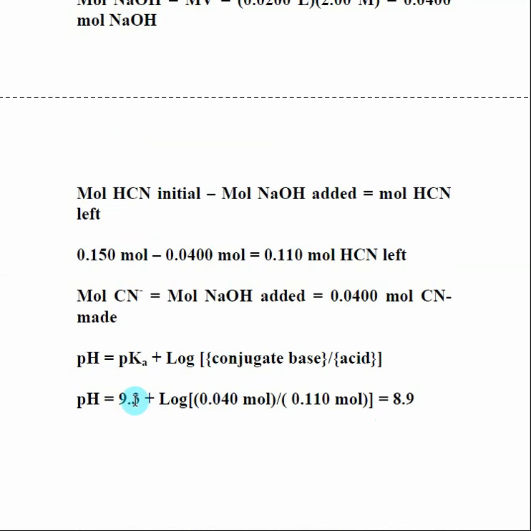So this is a constant for the acid, and that's going to be equal to, or the addition of, the log of the conjugate base divided by the acid. What's nice about the Henderson-Hasselbalch equation is we don't really need concentrations. We can plug moles directly into this. So how many moles of conjugate base? We found that right here. How many moles of the weak acid? We found that right here. When we do the subtraction and add that to my pKa, we get a pH of 8.9.